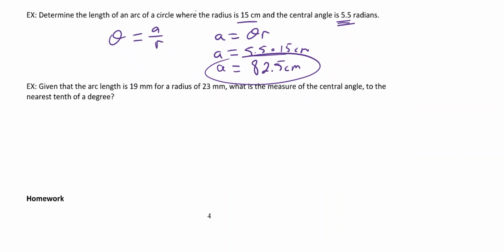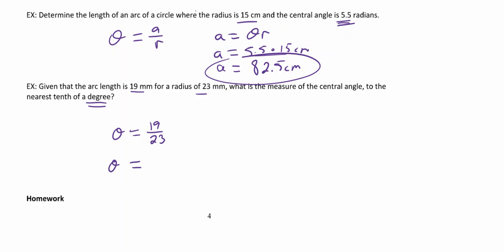Okay. Given that the arc length is 19 millimeters for a radius of 23 millimeters, what is the measure of the central angle to the nearest tenth of a degree? Okay, so be careful on that one. It's easy enough to find our angle. Our angle would be the arc length, 19, divided by 23.